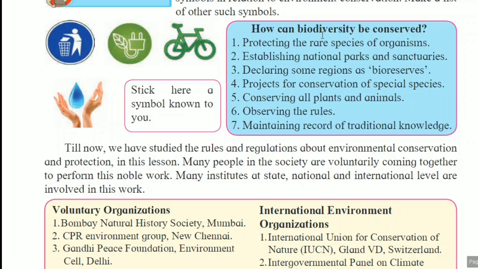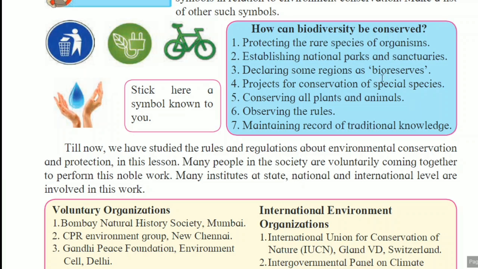In this blue color box, 7 points are there. These can be helpful to conserve biodiversity. First one, protecting rare species of organisms, establishing national parks and sanctuaries. In these national parks and sanctuaries, we can conserve rare species.